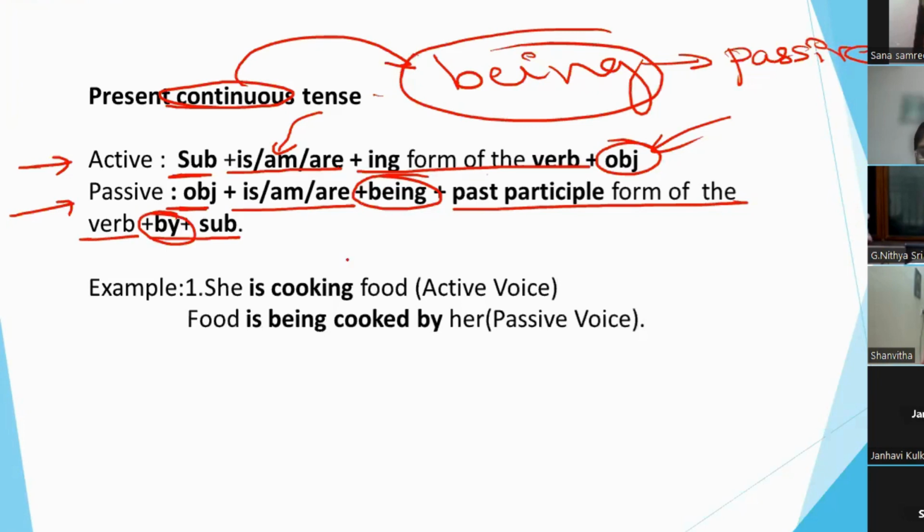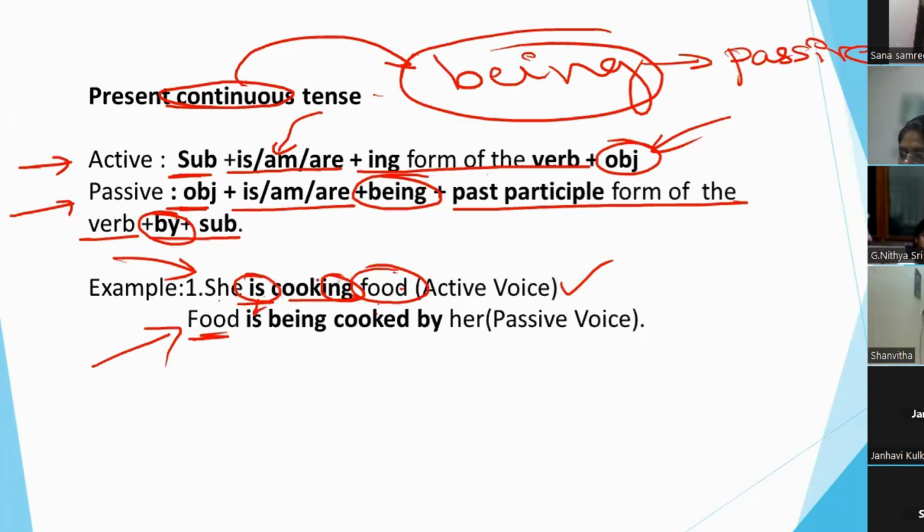Now, let us take an example of this present continuous tense. She is cooking food. This is our active voice in present continuous tense. Is cooking, we have ing, so it is present continuous tense. Now when you convert that into the passive voice, first you have to put the object in subject's place and use the same auxiliary verb that is there in your active voice.